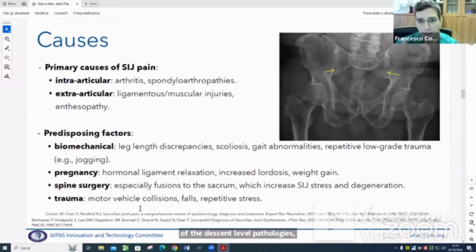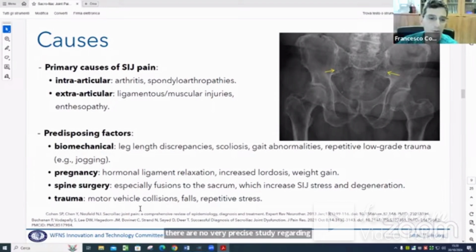In the literature, there is no difference between lumbar fixation and lumbar sacral fixation. Also, if the sacrum is involved in the fixation, there is a higher degree of this problem, but there is no strict correlation and no very precise study regarding this point.